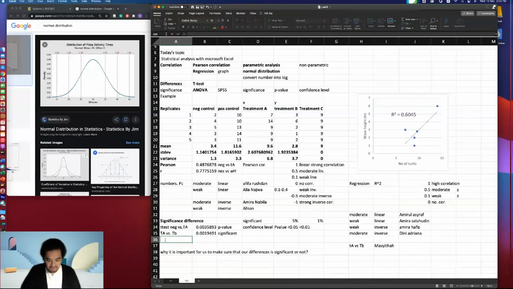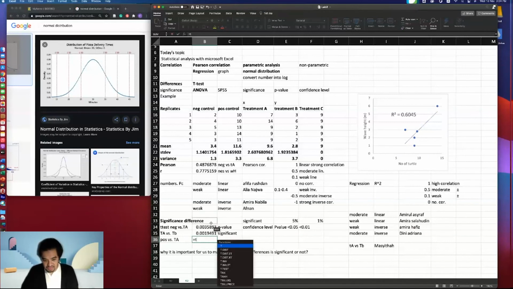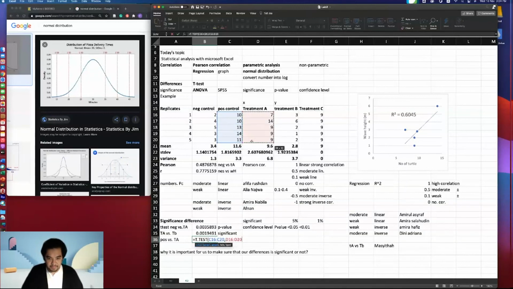Let's have a look, same with your positive control versus treatment A, whether it is significant or not. In this instance, I'm going to do the t-test. All right, positive control, is there a difference? Comma, second array.